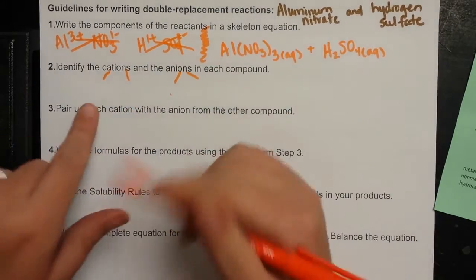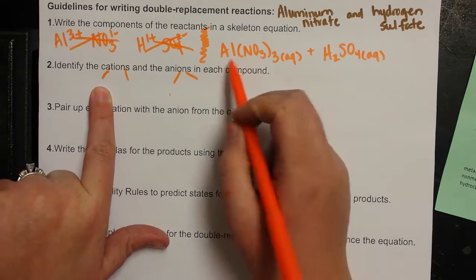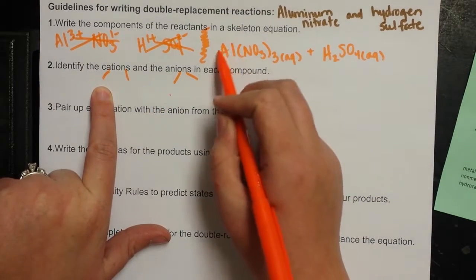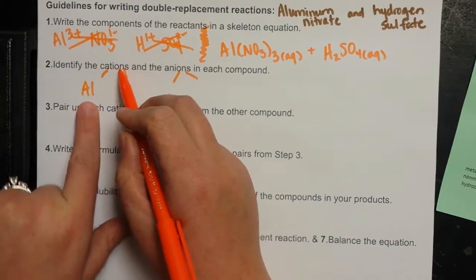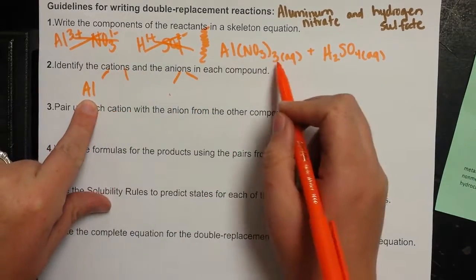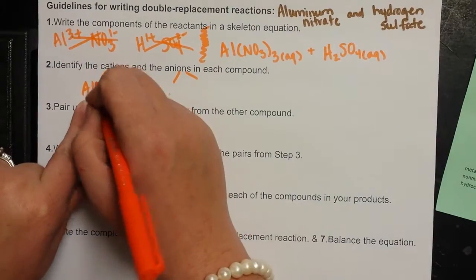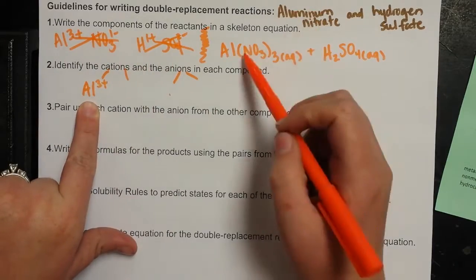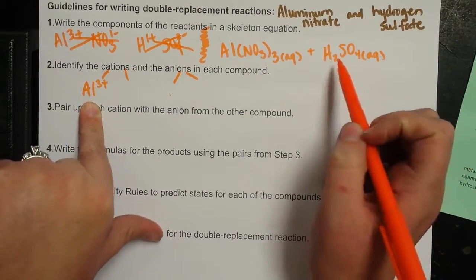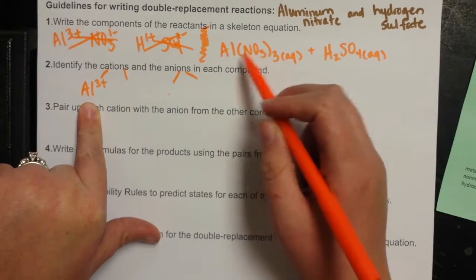Remember, cats have paws, so the cations are going to be the positive ones, but also cations are always listed before anions in the formula. So you see Al, that has to be a cation. And remember, as an ion, you have to show its charge. You could either go back and say, I know Al forms a 3+, or if I didn't give you the names, you should be able to reverse swap and drop to see that Al should be Al3+.